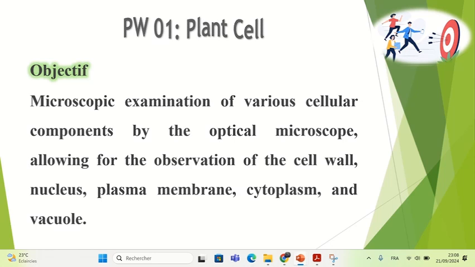For the first practical work, entitled Plant Cell, the objective is microscopic examination of various cellular components by the optical microscope, allowing for the observation of the cell wall, nucleus, plasma membrane, cytoplasm, and vacuole.